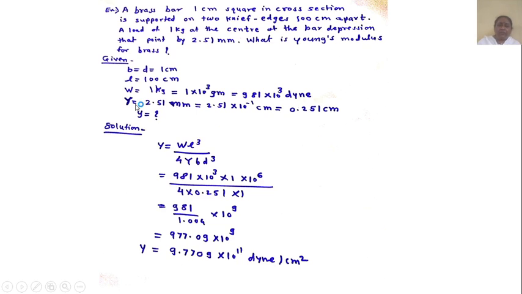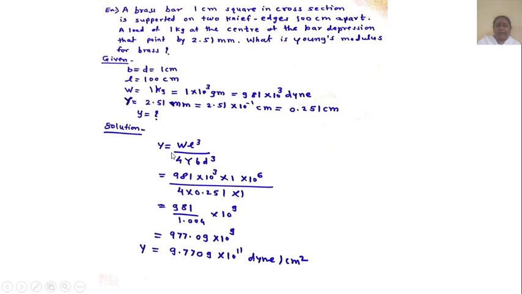Also given y equal to 2.51 mm, that is 2.51 into 10 raised to minus 1 centimeter, equal to 0.251 centimeter. So here find out Y.